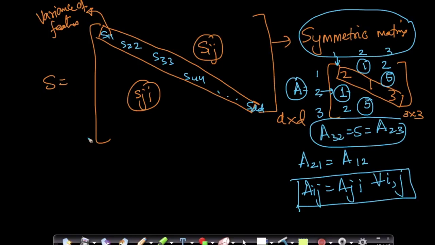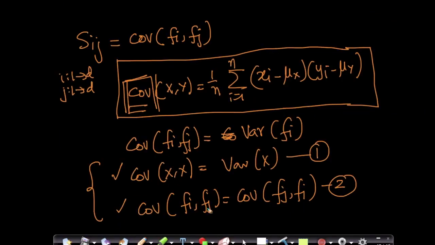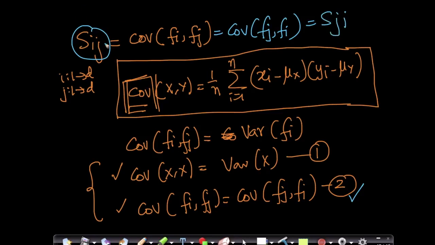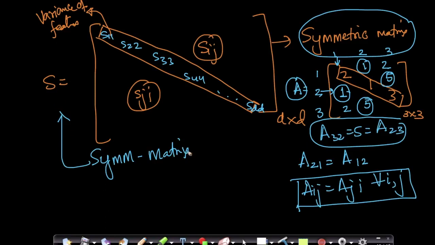Now your covariance matrix is also a symmetric matrix, because by definition, Sij is covariance of fi comma fj, which is equal to covariance of fj comma fi from property 2, which is equal to Sji. Since Sij is the same as Sji, your S is also a symmetric matrix.